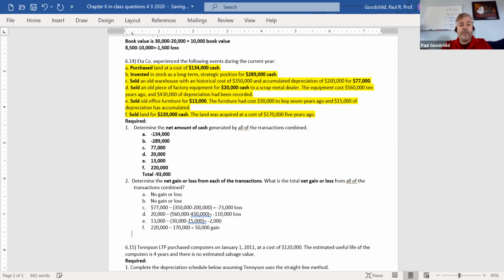And so that gives us a total net loss of 135,000. All right, so 185 minus a 50 would be 135.